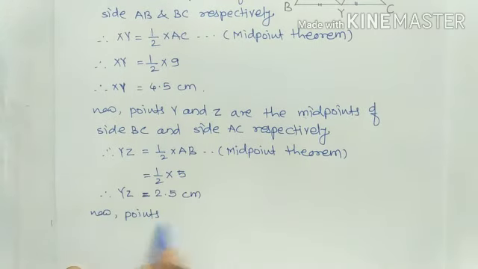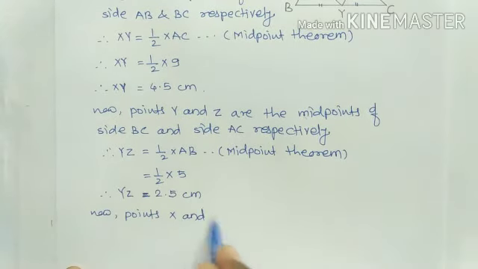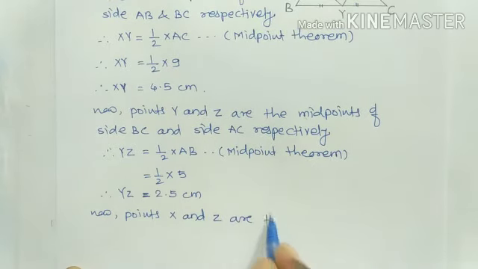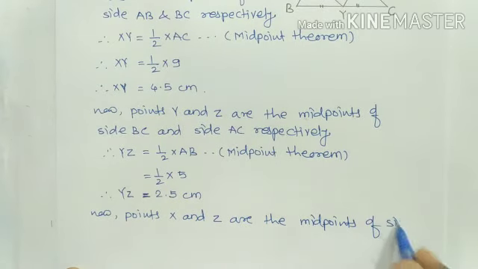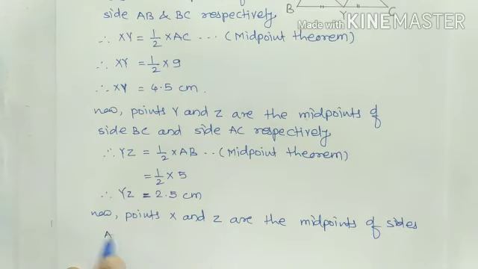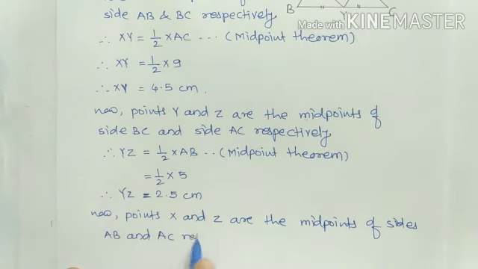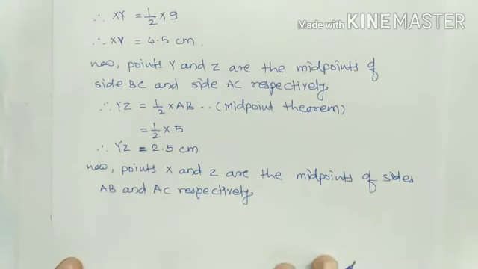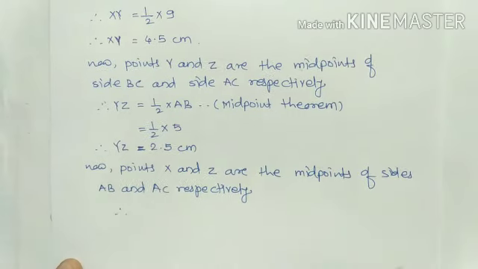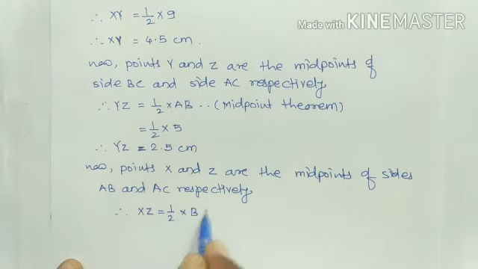Now points X and Z are the midpoints. Of which sides are they the midpoints? Of sides AB and AC respectively, and therefore XZ equals half of BC by midpoint theorem.